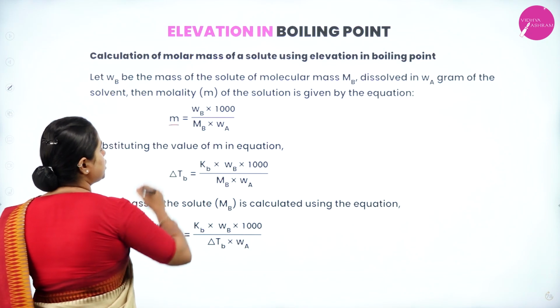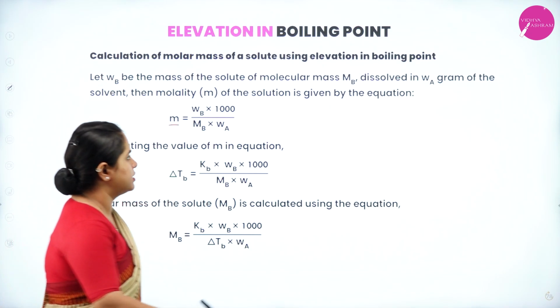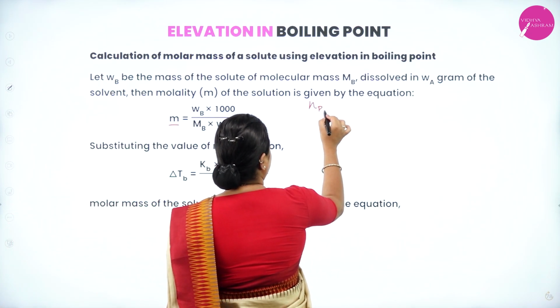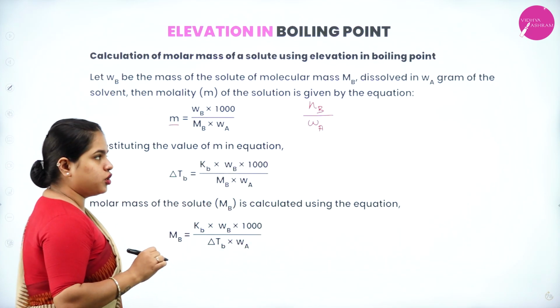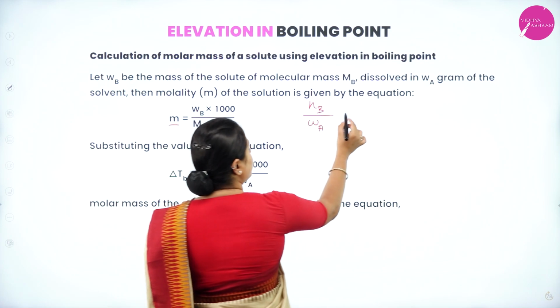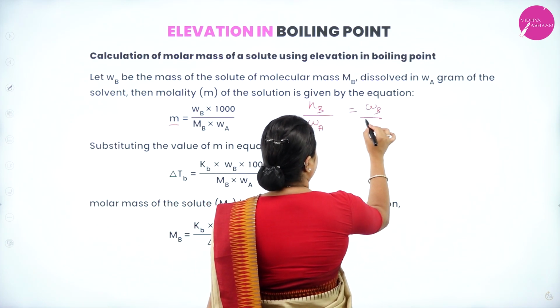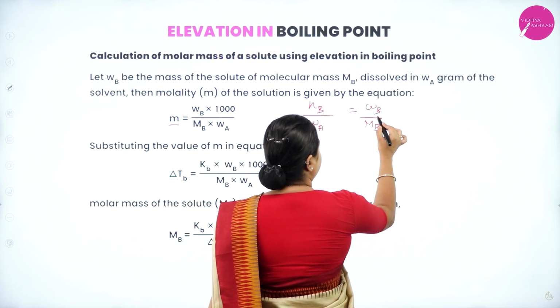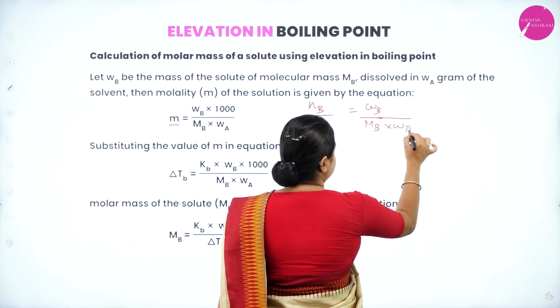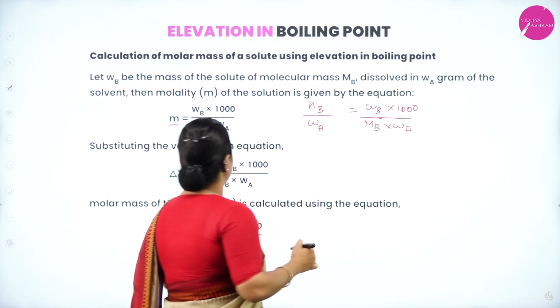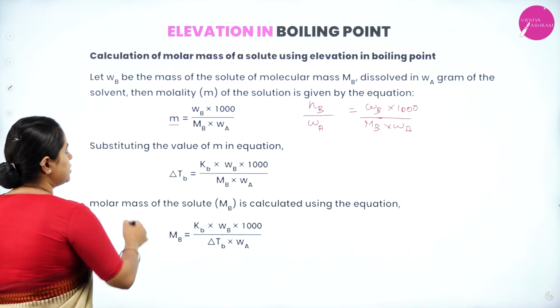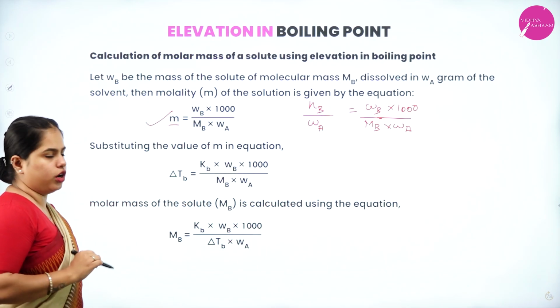So it is the number of moles of solute divided by the mass of the solvent. Nb is Wb by Mb, and you have Wa here. If Wa is in grams, we use 1000 as well. This is the equation for molality which we have already studied.